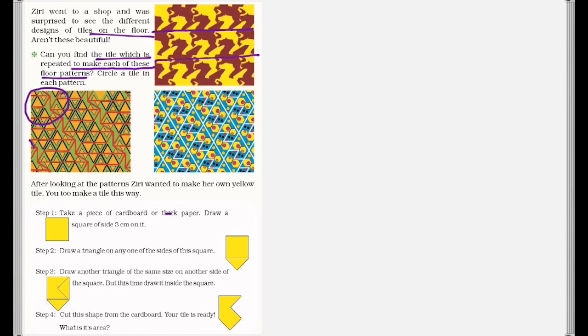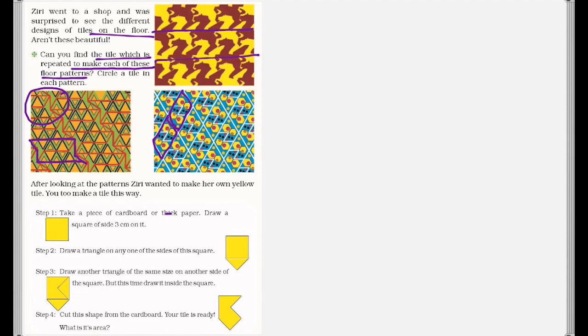Now you see over here, you can see this is being repeated again and again. So this is one such tile. In this manner, if you see over here, this is being repeated again and again. So these are tiles which are repeated again and again.